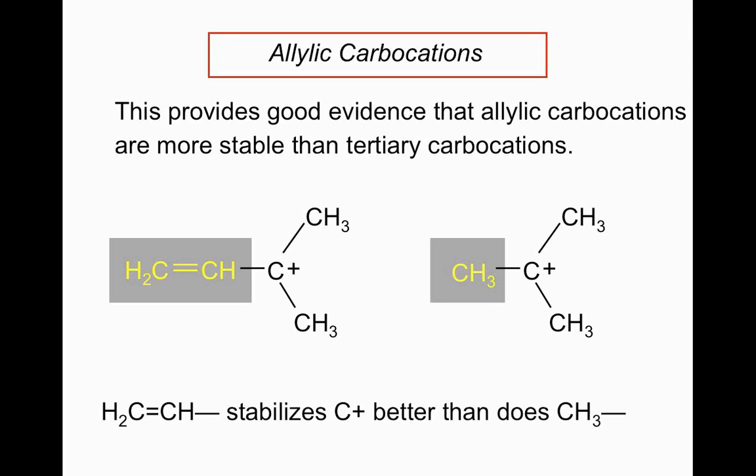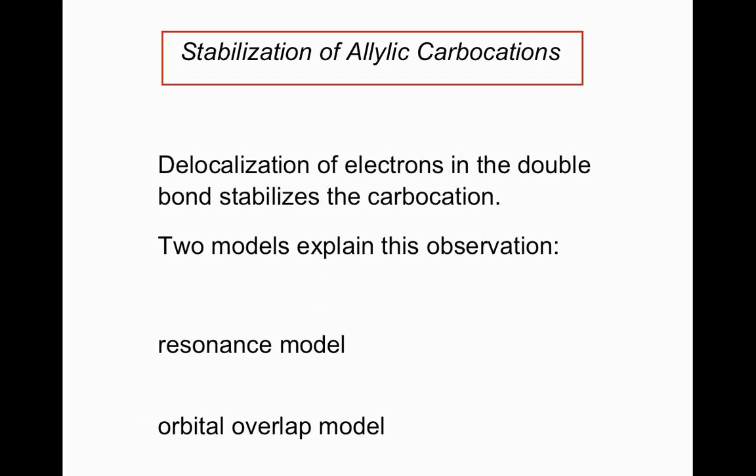Well, the faster relative rate of the allylic carbon indicates that the allylic carbocation must be more stable even than a tertiary carbocation, which to this point we thought of as our most stable type of carbocation. There's something about the structure of an allylic carbocation that makes it much more stable than even a tertiary carbocation.